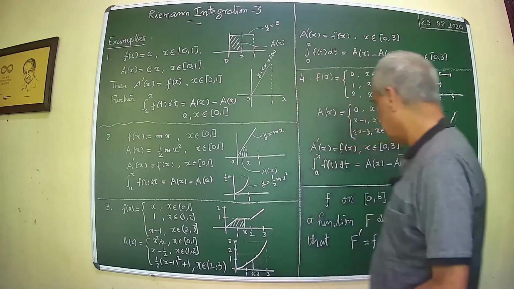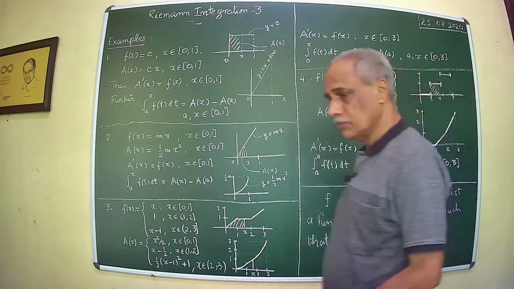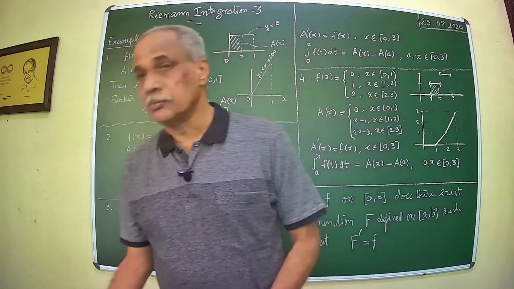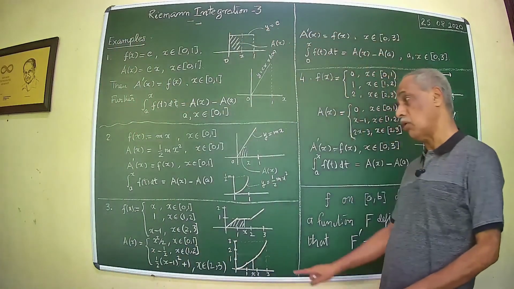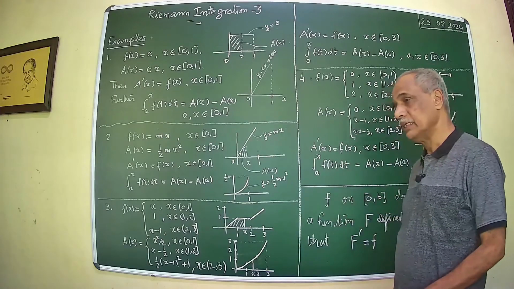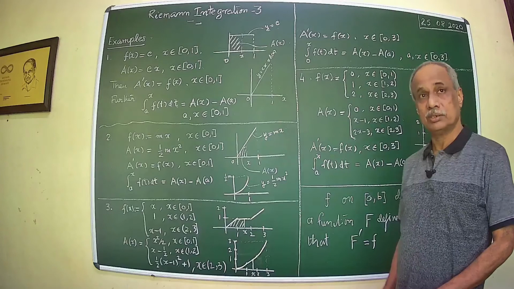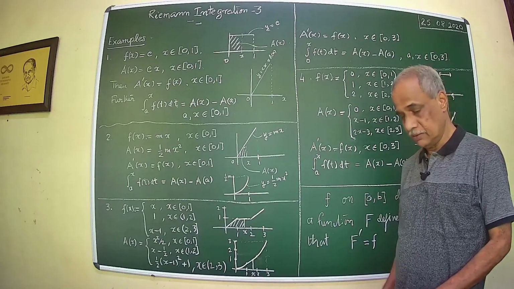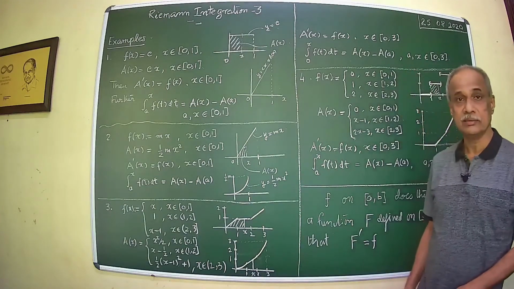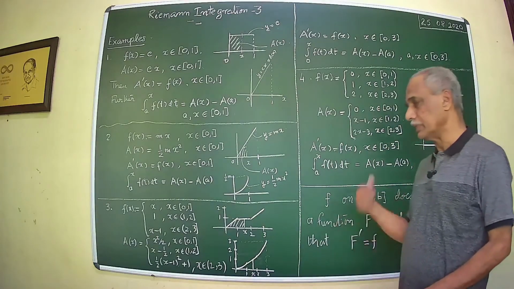So if you were to deal with more general functions which are not piecewise linear, because all the 4 cases that we considered, the function is piecewise linear. Suppose you have a function which is not piecewise linear, then how do you go about doing this?